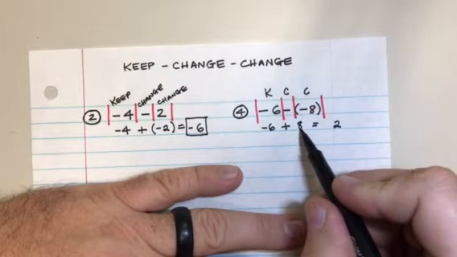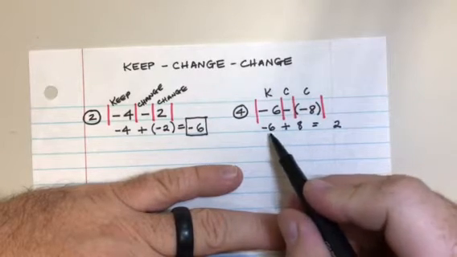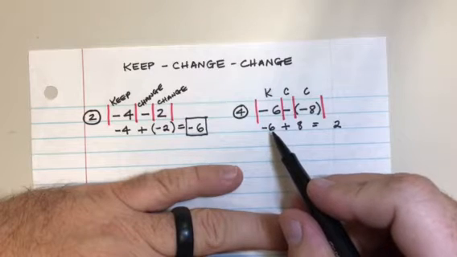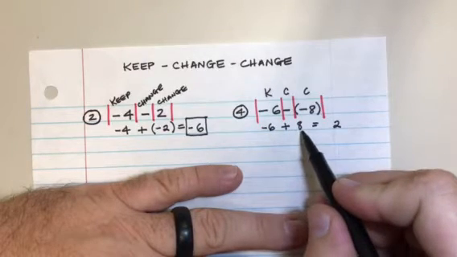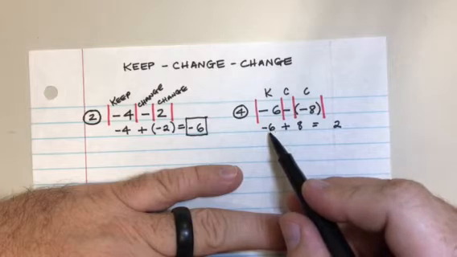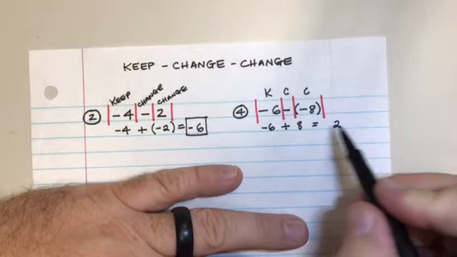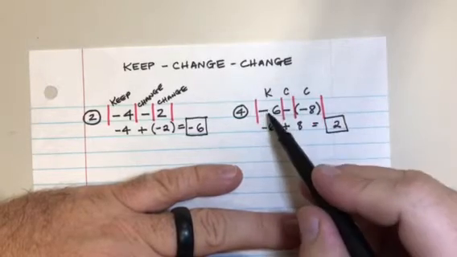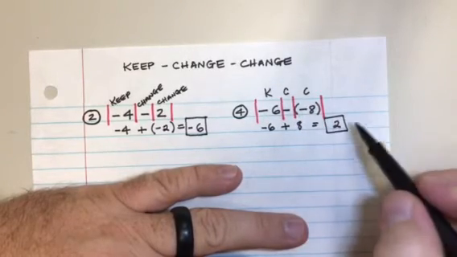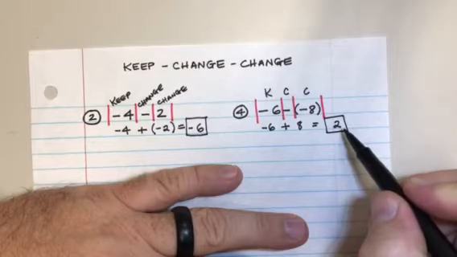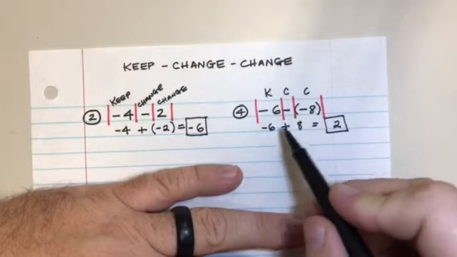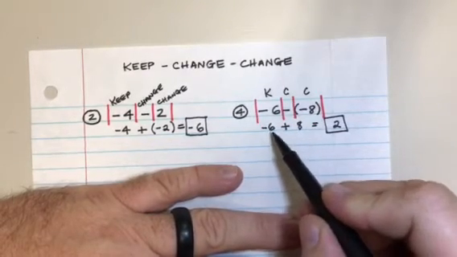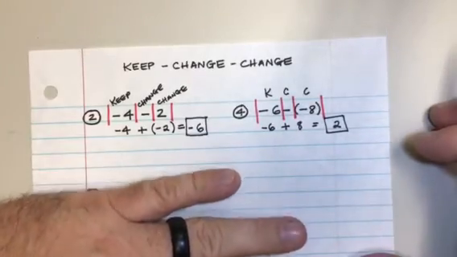So the absolute value of 8 is greater than the absolute value of 6, or in class what we said is, do we have more good guys, more positives, or more bad guys, more negatives? We have more positives, so our answer is +2. So -6 minus -8 is equal to +2. Because of keep, change, change, we can change that to -6 plus 8, which makes it easier for us to solve.